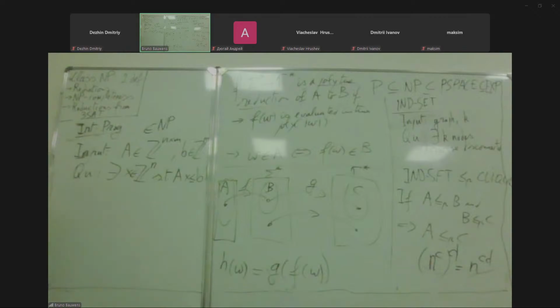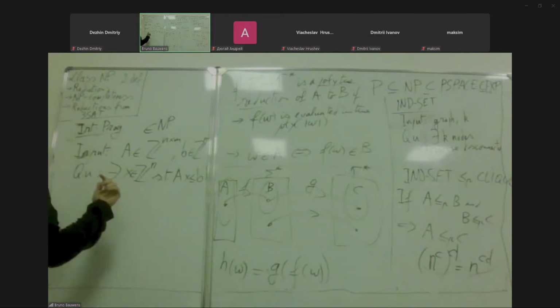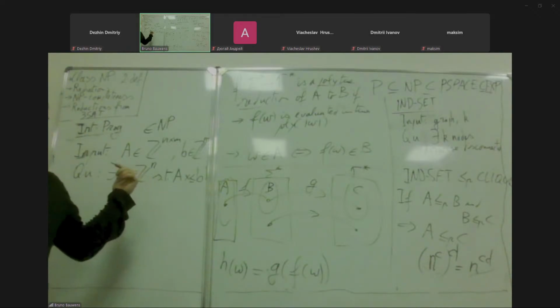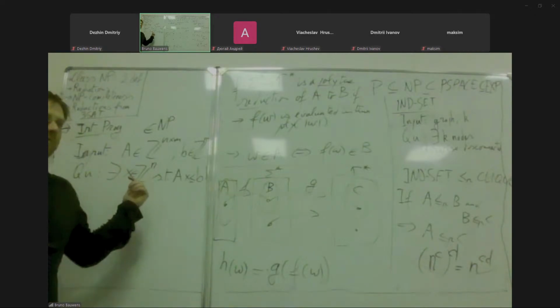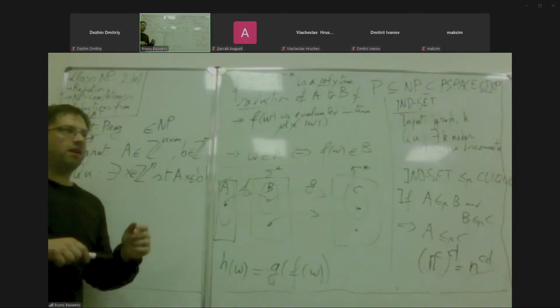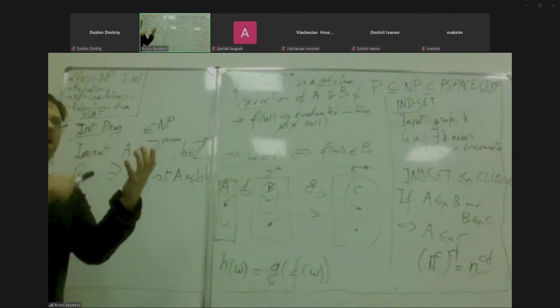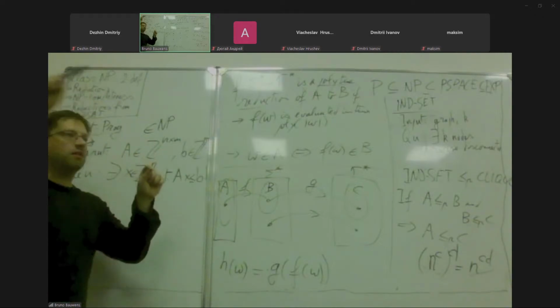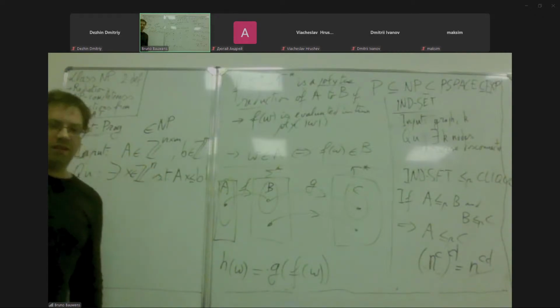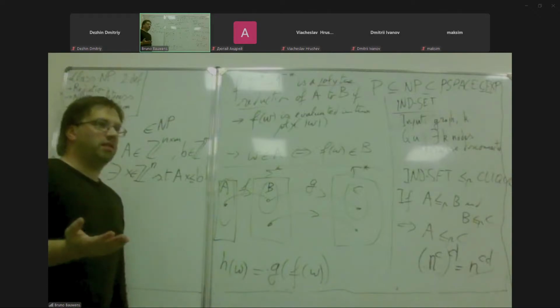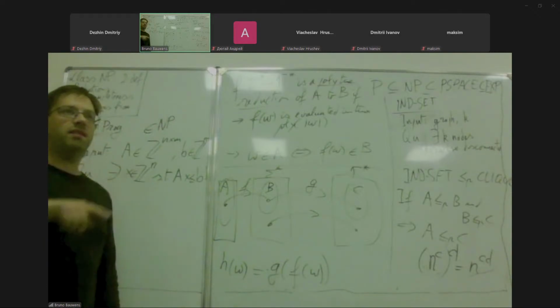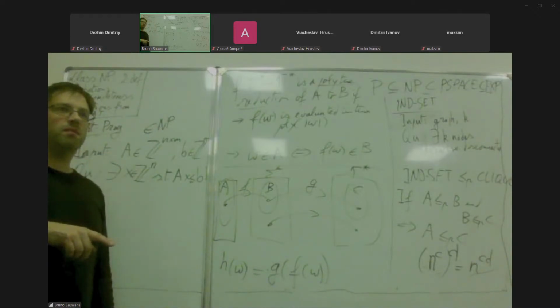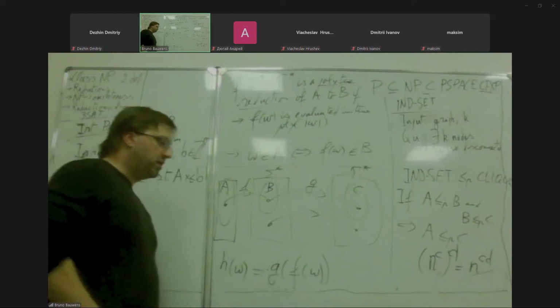But actually, you have to be careful, because the traveling salesman problem is not known to be in NP. There the inputs are coordinates of locations, rational coordinates. And the question is, is there a cycle that has at most a certain length and that visits every point exactly once?